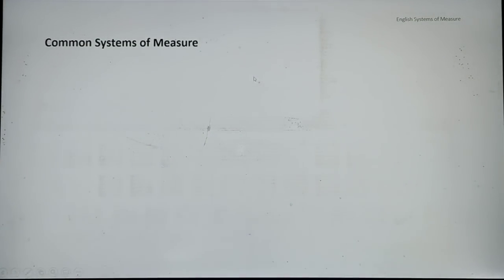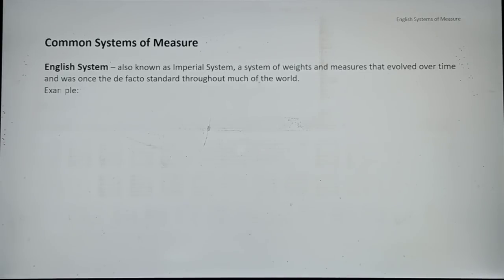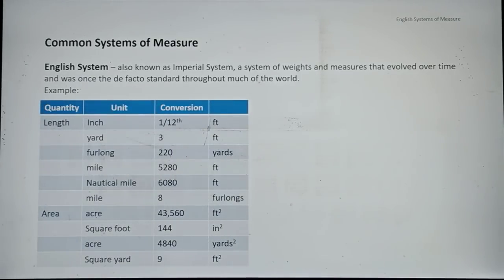There are two conventional systems of measure, namely the English and the metric systems. The English system is also known as the imperial system. Some units of length in the English system are the inch, feet, yard, mile.